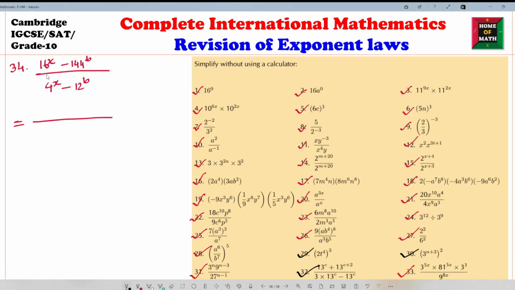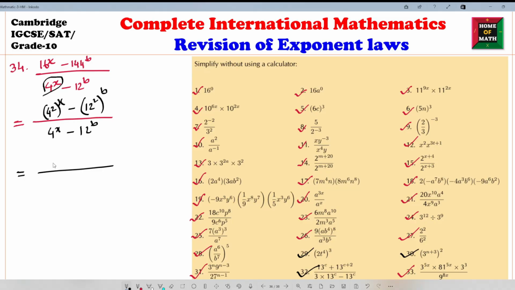Here is 16 to the power x minus 144 to the power b, divided by 4 to the power x minus 12 to the power b. So this 16 to the power x we can make as 4 squared to the power x, and 144 we can write as 12 squared to the power b. Here is 4 to the power x minus 12 to the power b.